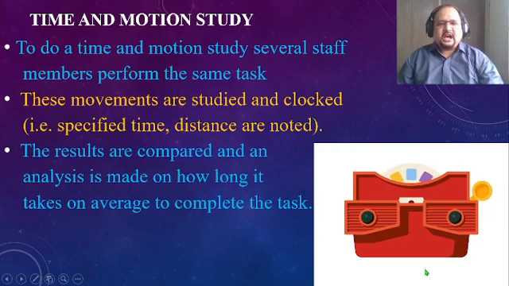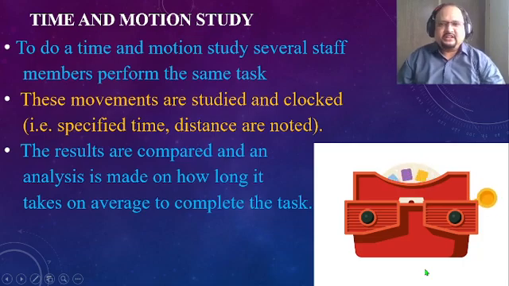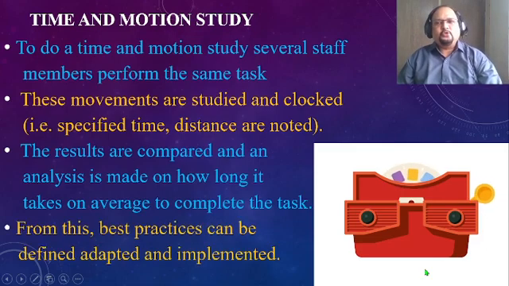The results are compared and an analysis is made on how long it takes on average to complete the task. So this gives you an average time to complete a given task, which helps us in calculating even the requirement of the staff and also in determining the standard timing taken to service a guest room or do bed making or any other task.